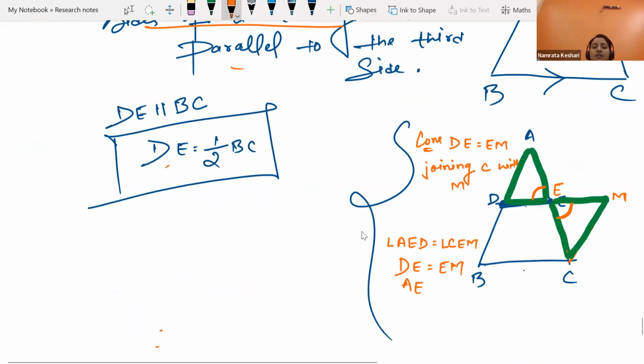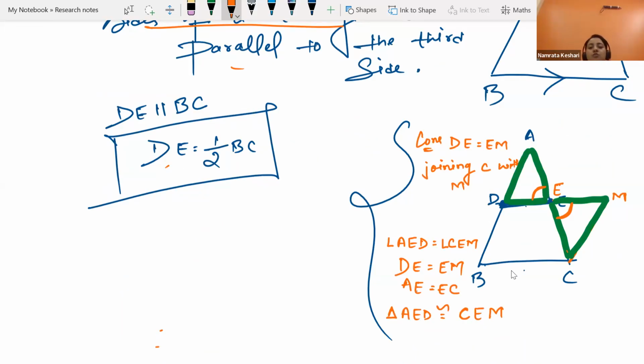AE and EC will be equal, and on the basis of these three, we can see that this triangle and that triangle are congruent. Let me write the name properly. The name will be AED. Let me check. If I am writing AED over here, it will be congruent with CEM: angle E is equal to angle E over there, DE is equal to EM, and AE is equal to EC.